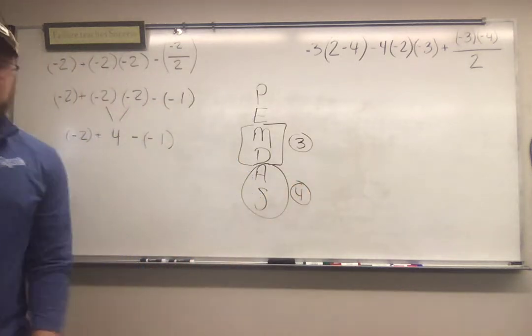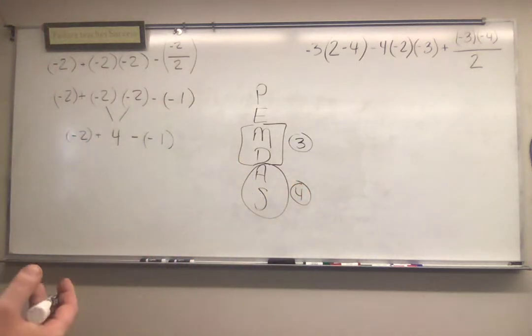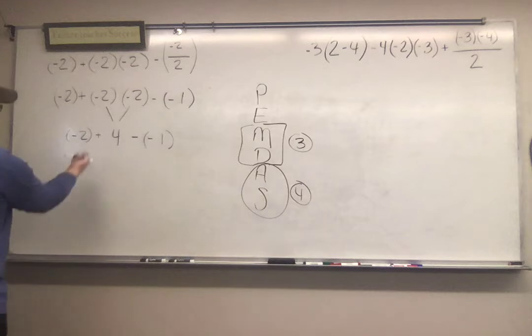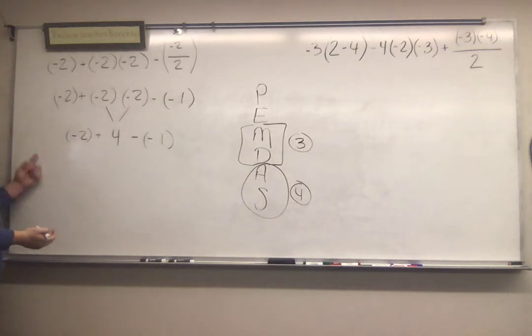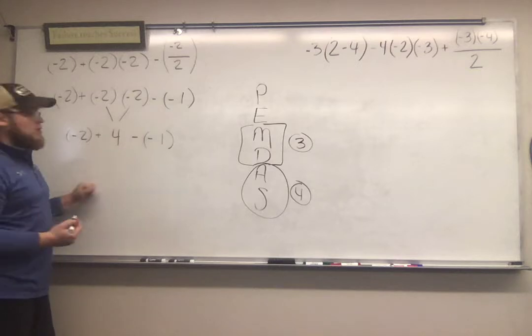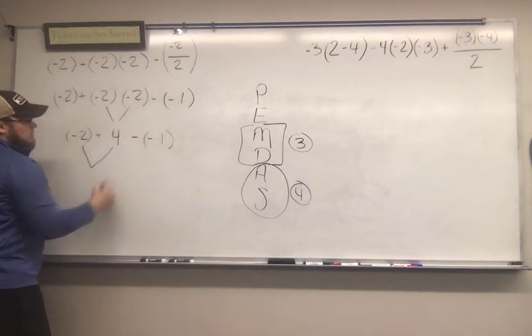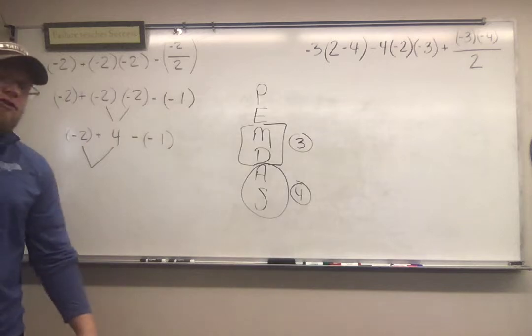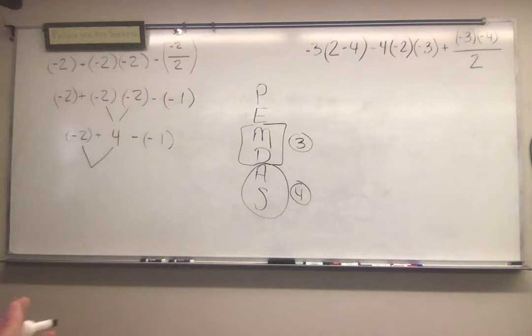Whatever one is listed first from left to right, that's which one you do. So let's just start on the far left, because we got pluses and minuses in here. The first one we should come to is an addition sign. That's the one we do first. Okay, so we are going to look at -2, and we are going to add 4 to that.